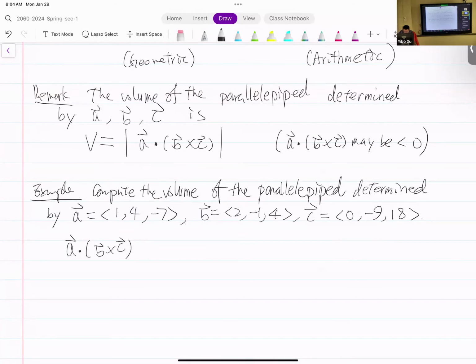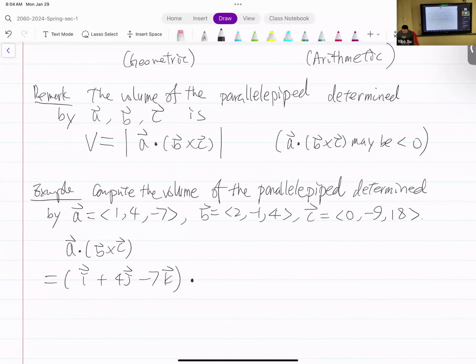And for A, we just write down the components. So let's just write i, j, k in terms of the determinant basis. So it's going to be i plus 4j minus 7k. That's for the vector A. And now we're dotting B cross C.